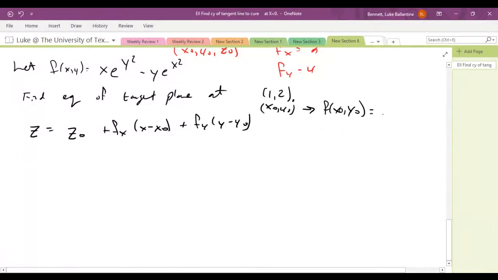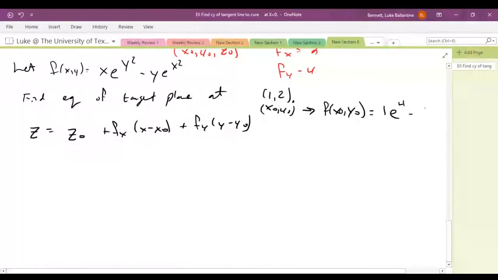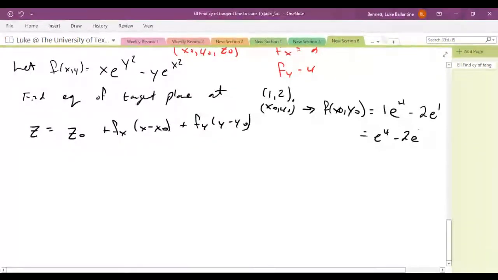So you're plugging in 1 for x, 2 for y, but that's a y squared, so that's 4, minus 2e to the first. So this is just e to the fourth minus 2e. Okay, now let's calculate the partial derivatives.